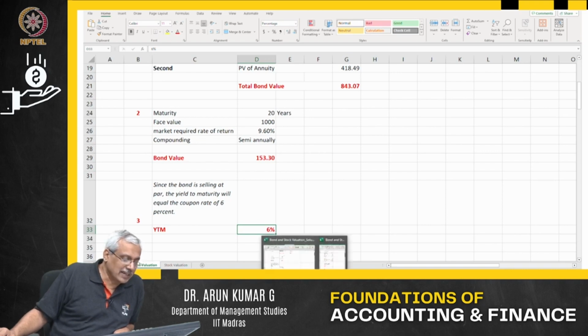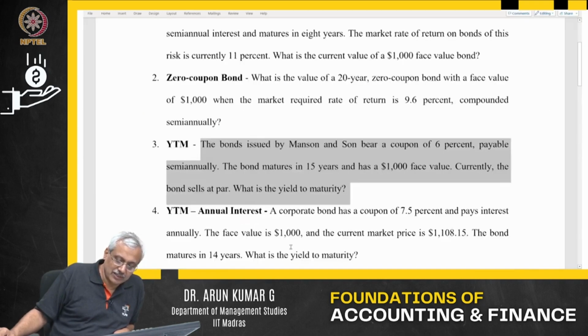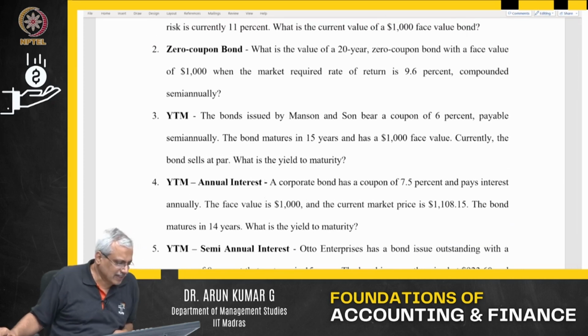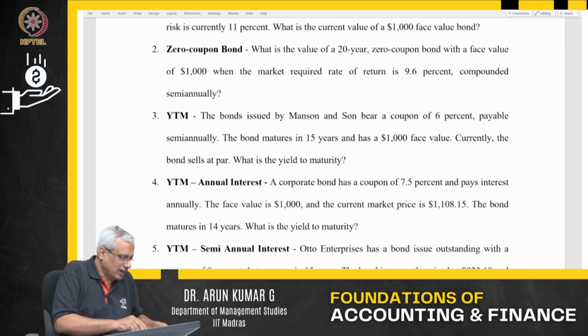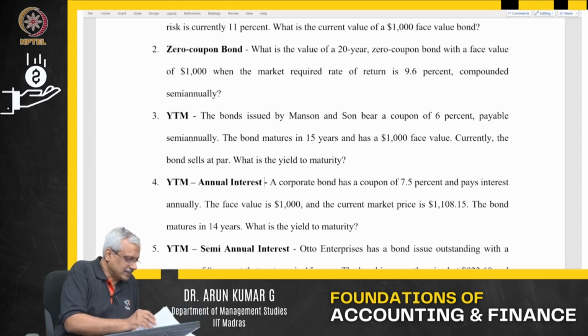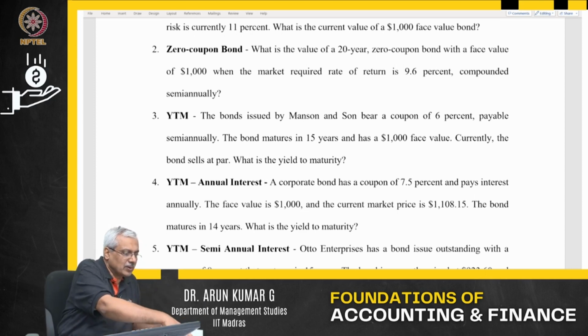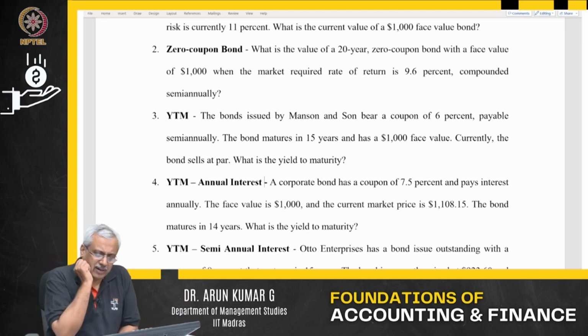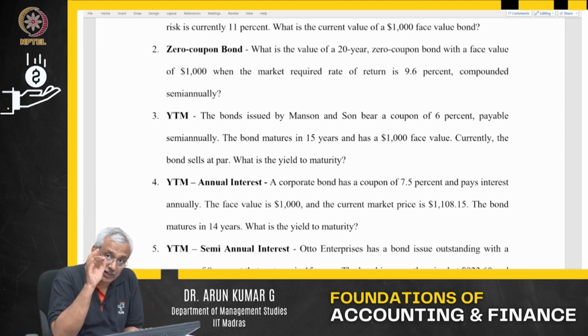Next, I look at the last numerical, the fourth problem. The rest of it you guys can work on. I am just going to look at one more. A corporate bond has a coupon of 7.5% and pays interest annually. Please note here, annually.